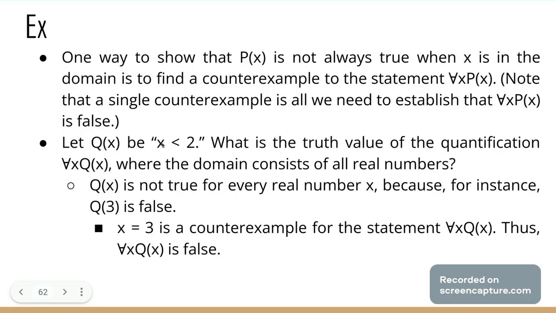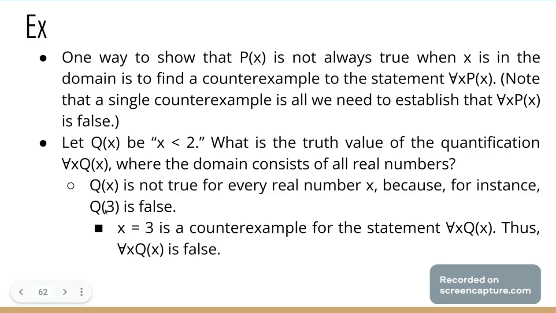So this is the example. Let q of x be x is less than 2. What is the truth value of the quantification for all x, q of x, and the domain is real numbers? We need to find a real number x which is not less than 2.